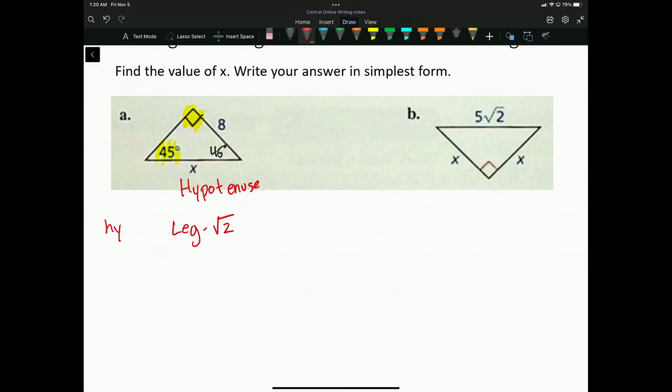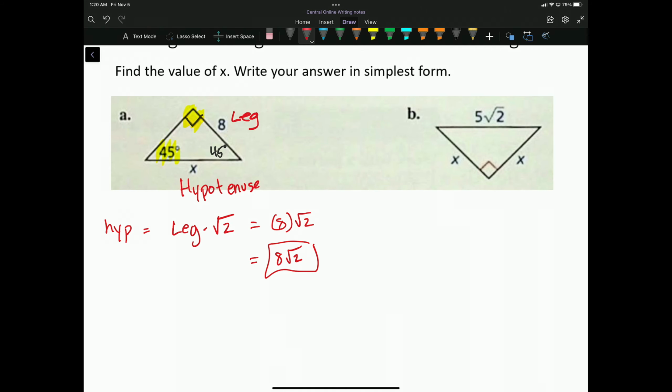So it's going to be 8 times the square root of 2. And I want you to leave this in simplified radical form. What that basically says is, if we have a square root, you can just leave your answer like this. I don't want you to round it off. You don't have to plug it in the calculator. Just leave it as 8 times the square root of 2. And that's your answer.